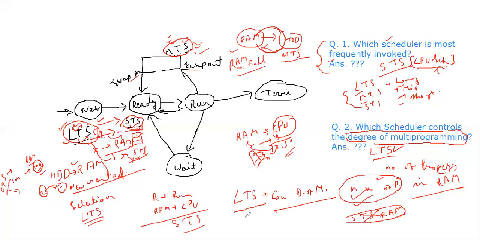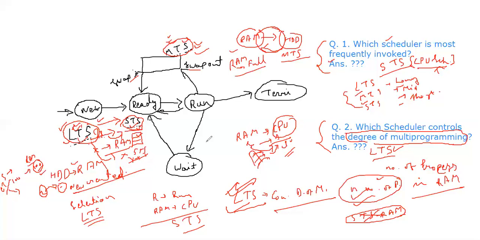So this n number will be decided by the LTS. Hence, the degree of multiprogramming will be controlled by the LTS. So I hope we got the answers to both questions and a review of the short-term, long-term, and mid-term schedulers. That is all we have with respect to scheduler and dispatcher.